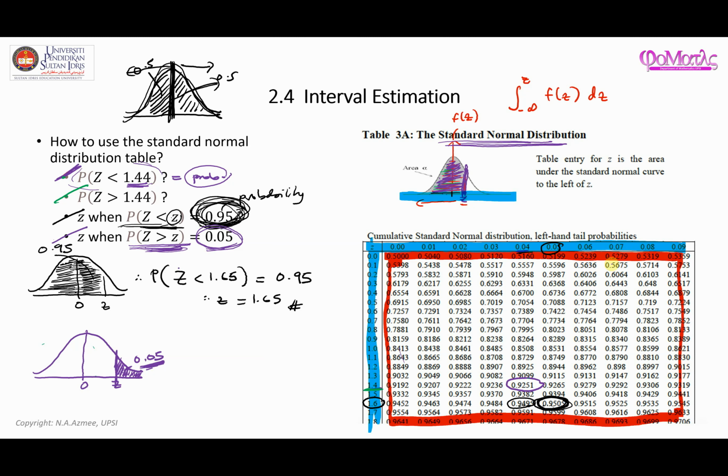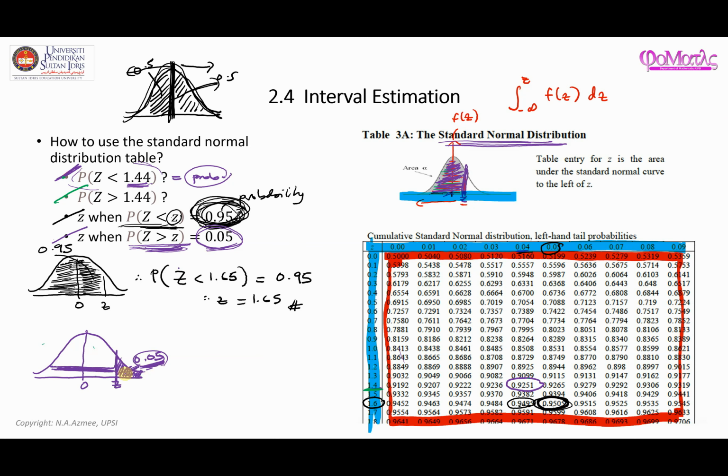So in order to read from the table, you need to know what is the area to the left. So if the area to the right is 0.05, I'm sure you will be able to get this area.